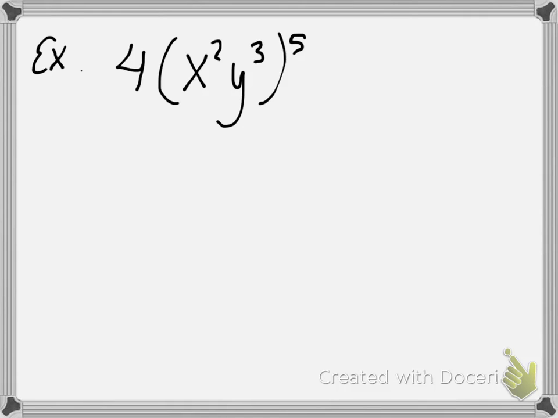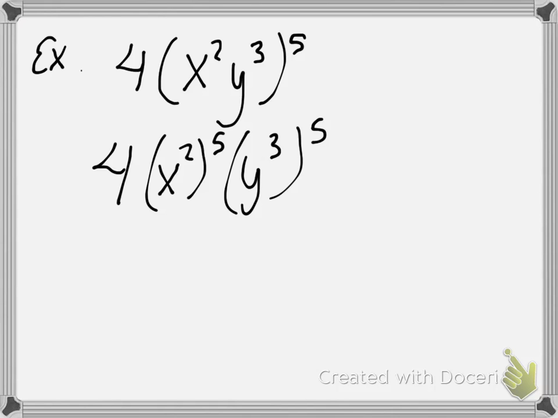Here's another example. So that means you have 4, you have x squared to the 5th and y cubed to the 5th. Remember, they're both taken to the 5th because they're both inside those parentheses. So I'm going to bring my 4 down.